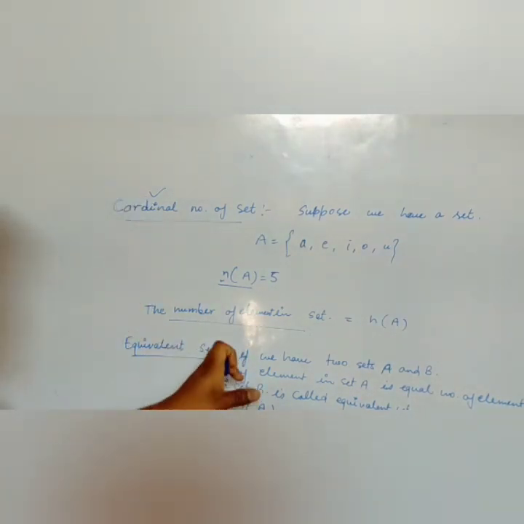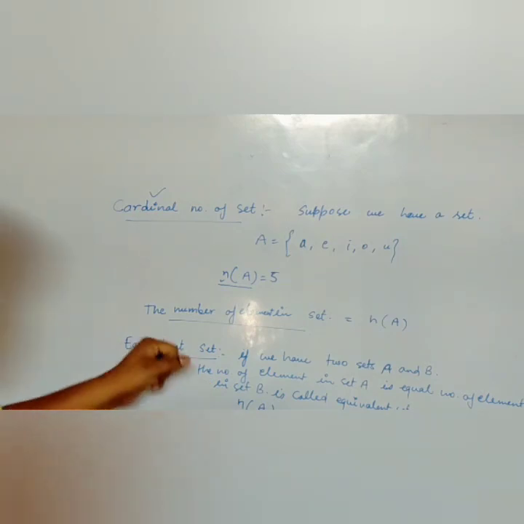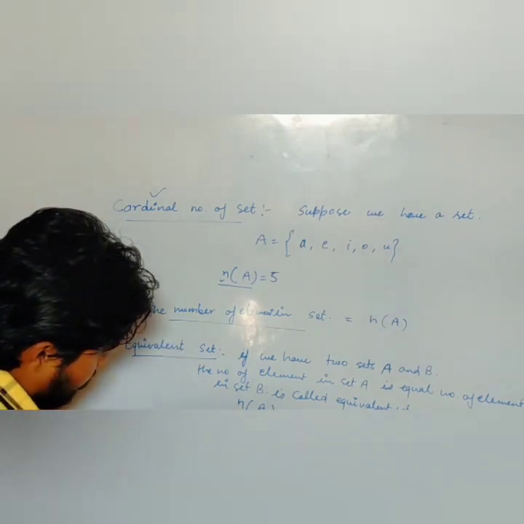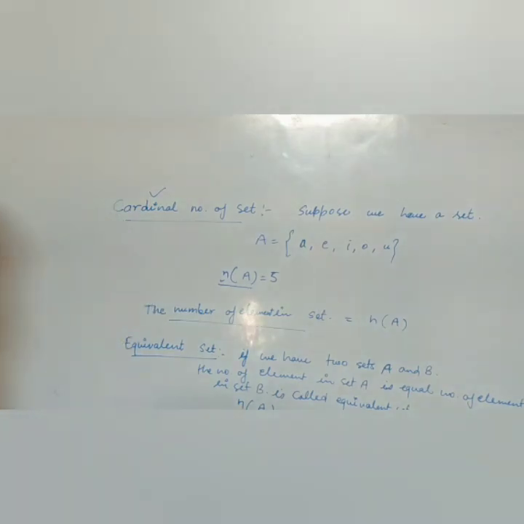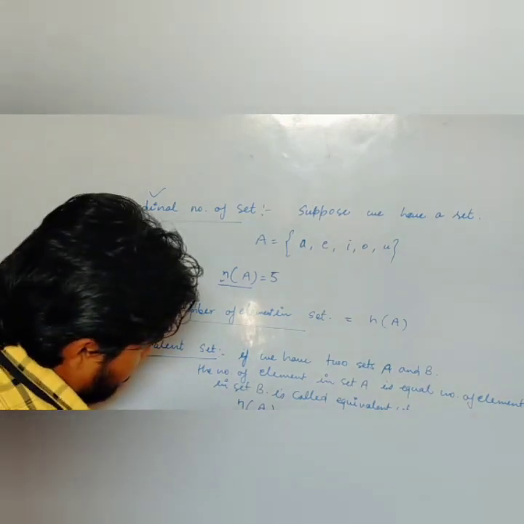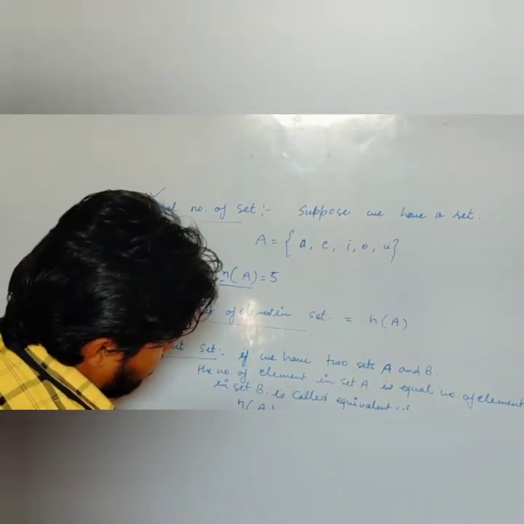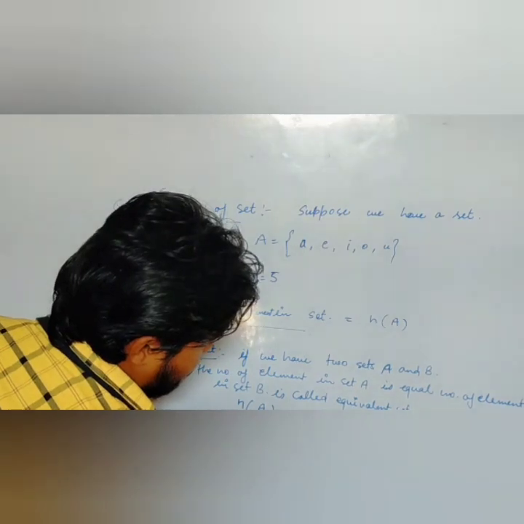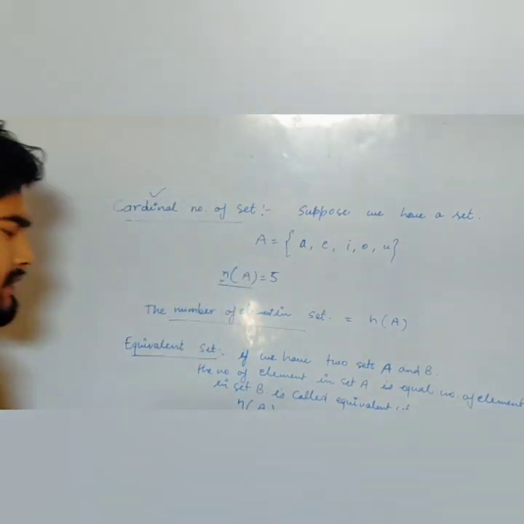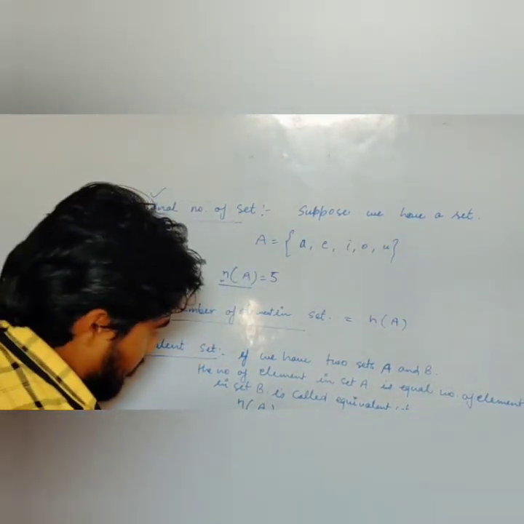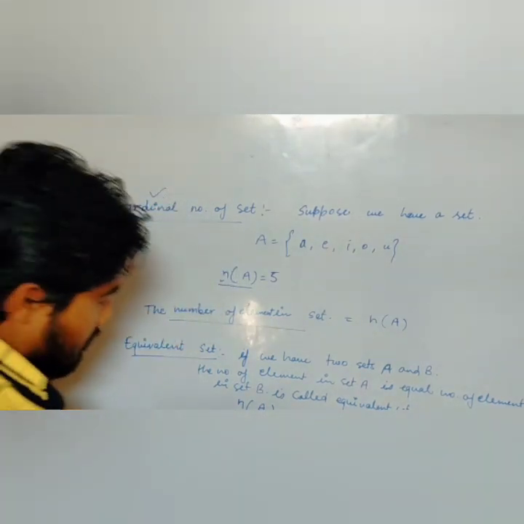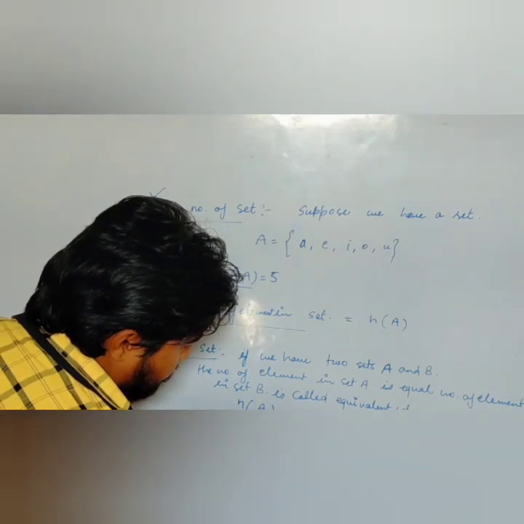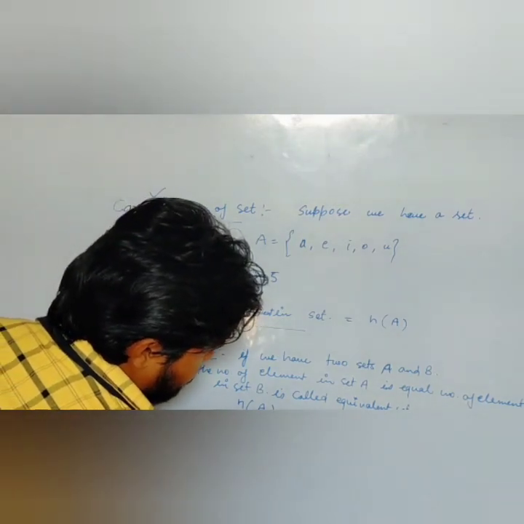For an example, you can understand it like this. Suppose A is 1, 3, 5, 7, 9. This is set A, and this is set B: 3, 4, 5, 6, and 7.